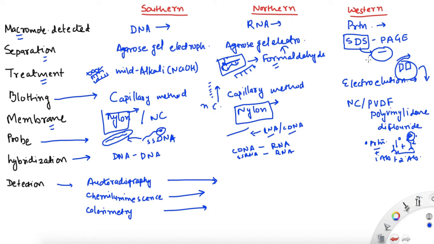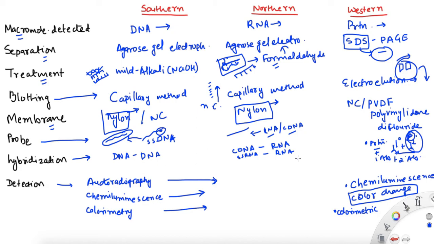And in case of Western blotting, because we are using the labeled secondary antibody, the best way would be, let's say for example an enzyme is used, you're going to check the color product reaction. You will be able to see the color formation. So colorimetric analysis. So that's all about the brief overview of all three blotting techniques.